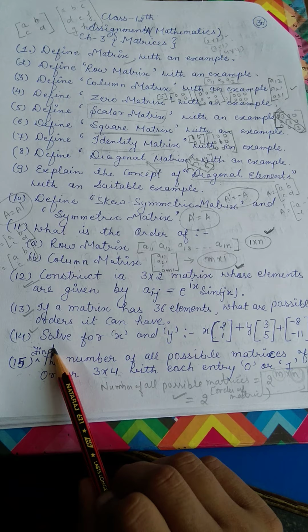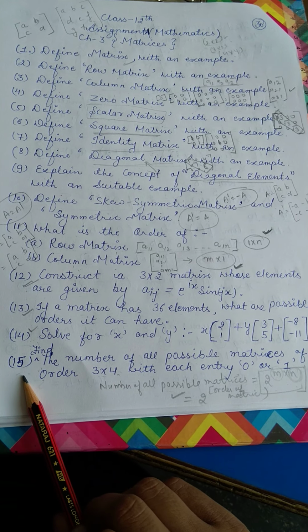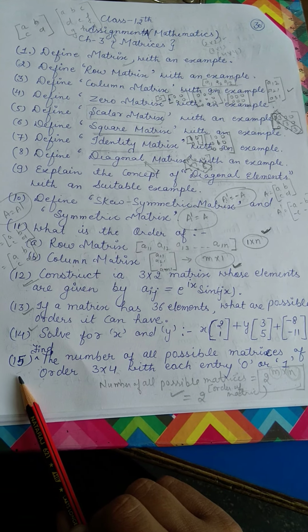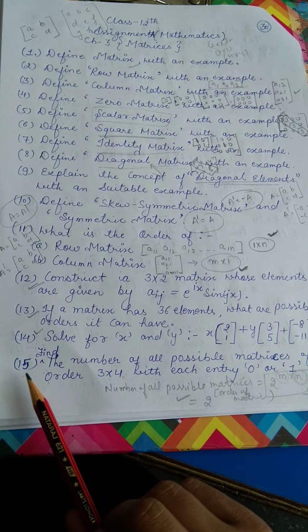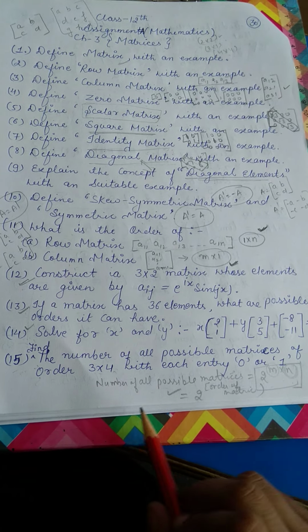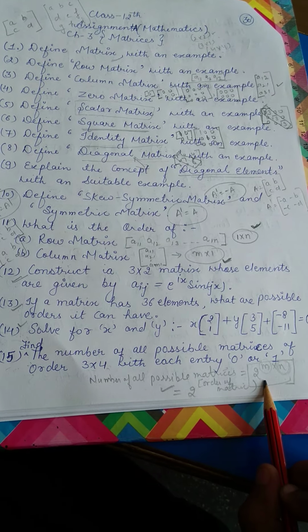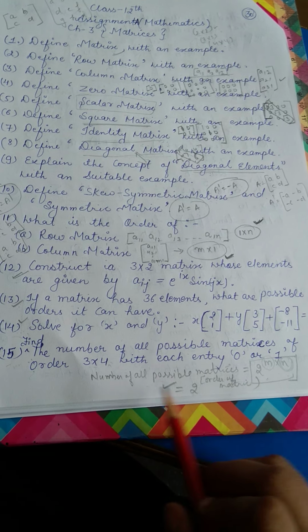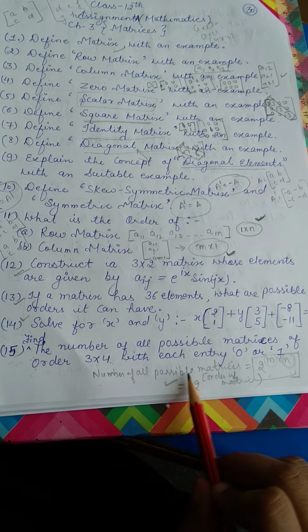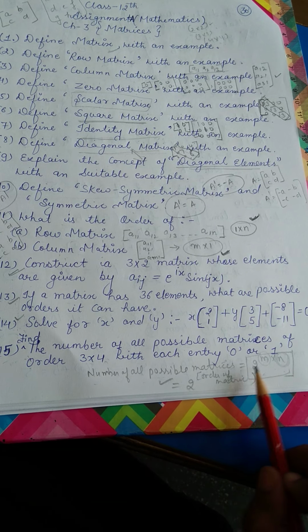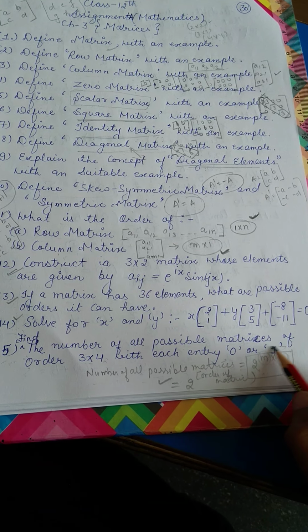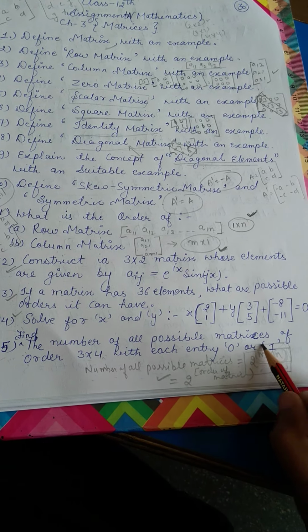Now let me move to the next question, number 15. This type of question is also given in your NCERT book. To solve these kinds of questions, बच्चे, you have to use a formula like this which I have written over here, that is, the number of all possible matrices will be equal to 2 to the power m into n. And what is this m into n?